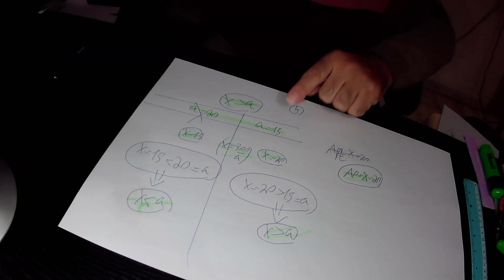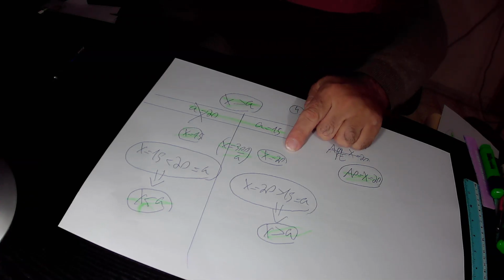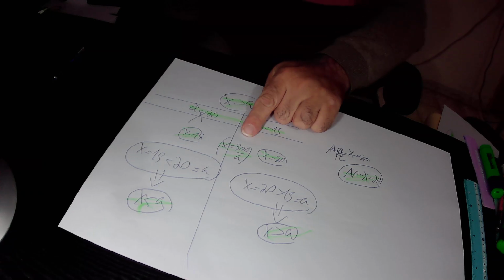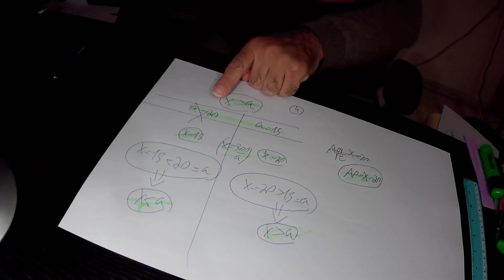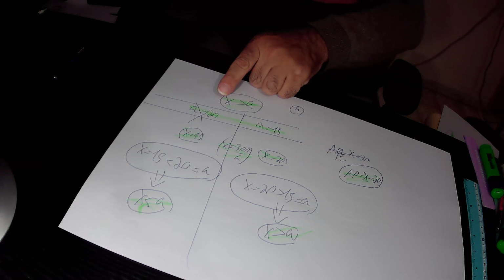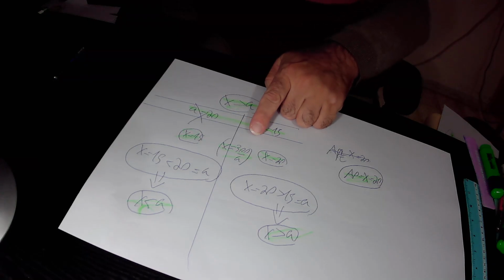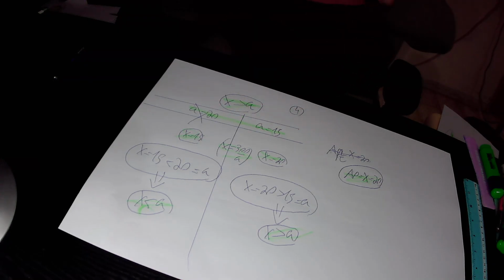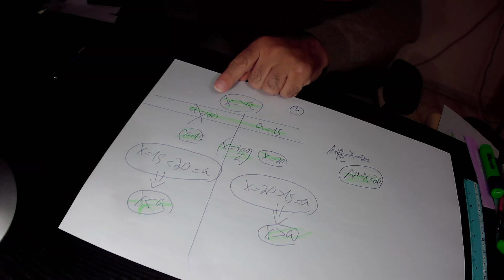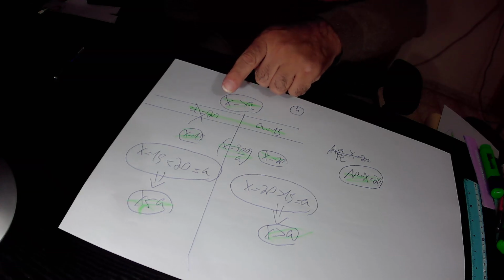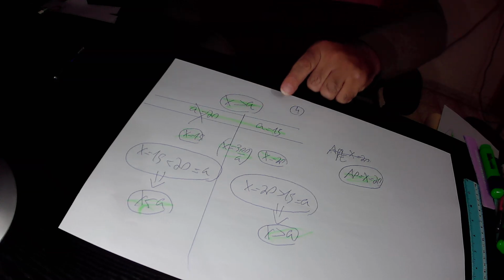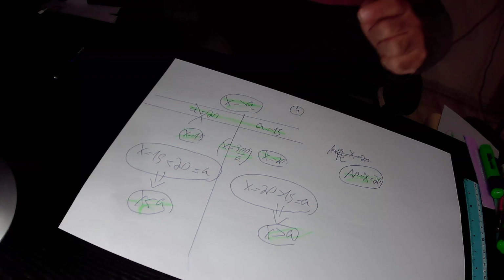Likewise, according to the same equation, if a equals 20, then x must be equal to 300 over 20, that is 15. So in conclusion, if a equals 20, then x equals 15, and if a equals 15, then x equals 20.